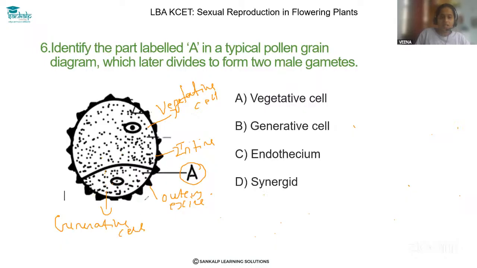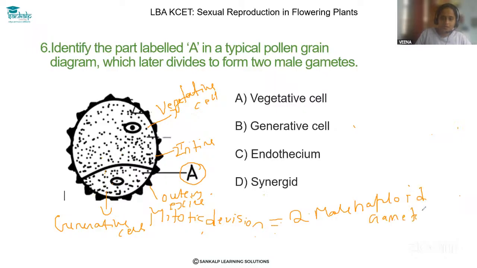This generative cell will divide further, undergoing mitotic division to form two male haploid gametes.